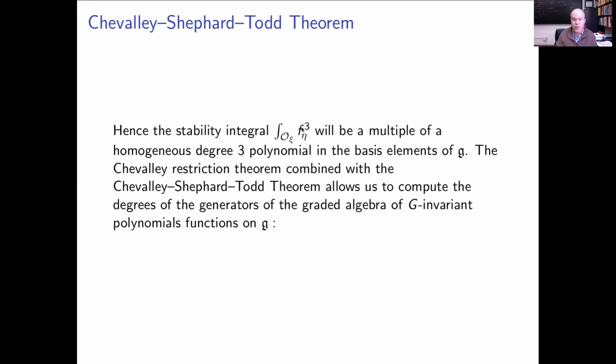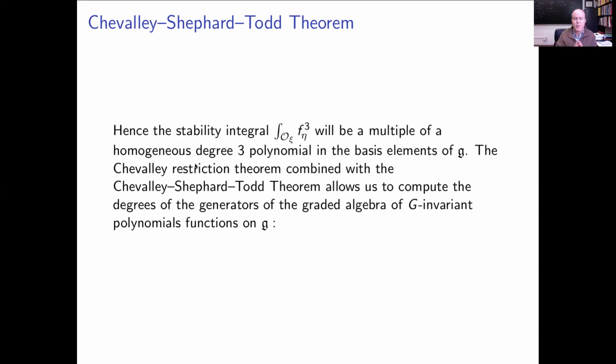So the stability integral, f should be phi here, phi eta cubed is going to be a multiple of a homogeneous degree 3 polynomial in the basis elements of G. Now, we can apply some machinery from representation theory, because we can restrict this using the Chevalley restriction theorem.